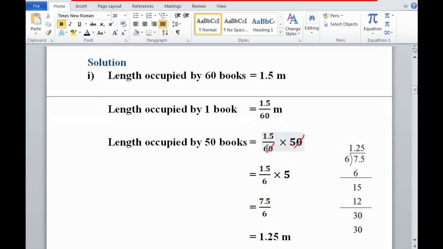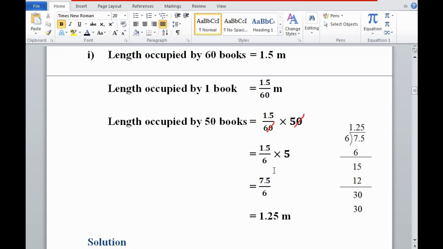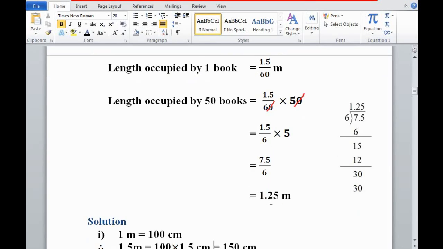And now the fraction is 1.5 upon 6 multiplied by 5. Now if we take the product of 1.5 and 5, the product is 7.5 upon 6. Now dividing 7.5 by 6, we get 1.25 meters, which is the required length occupied by 50 books.